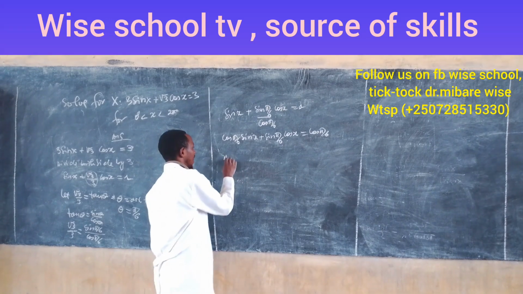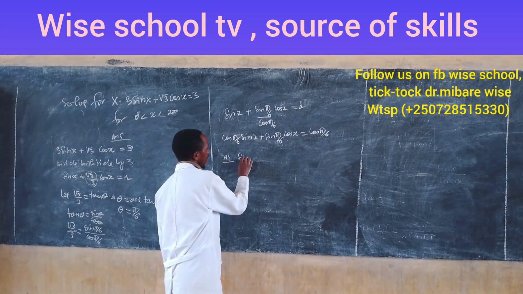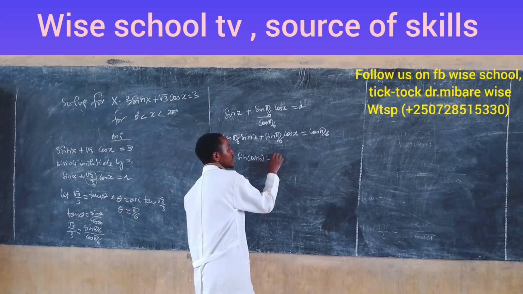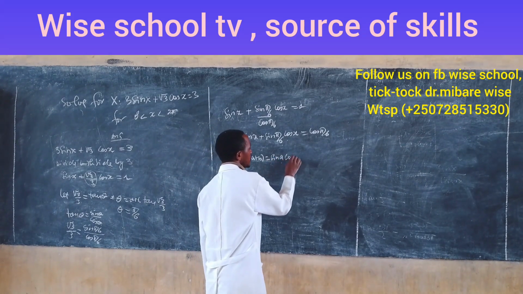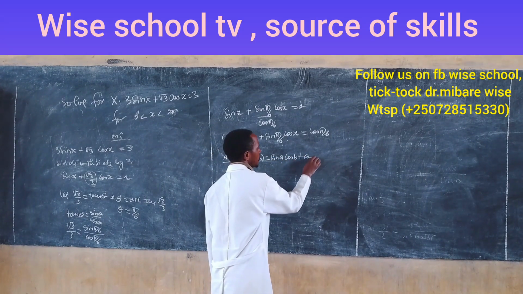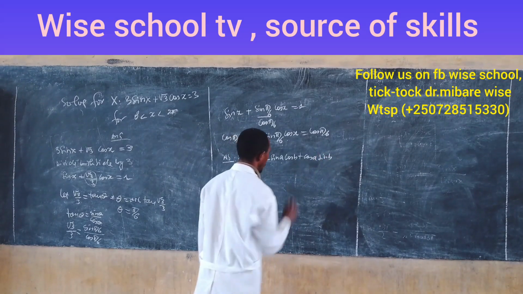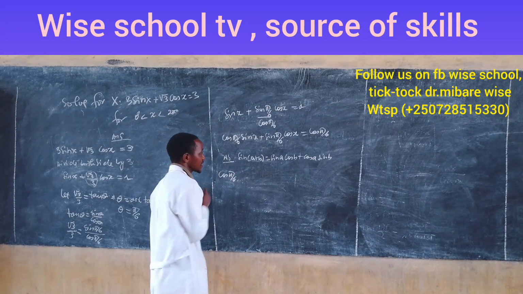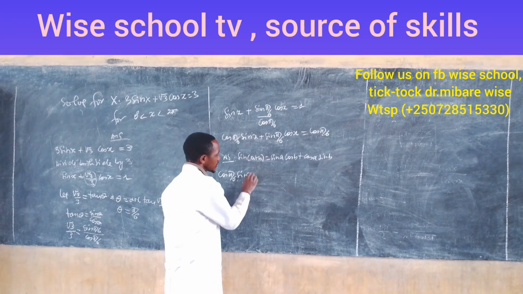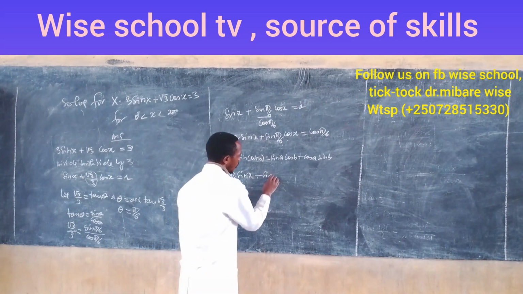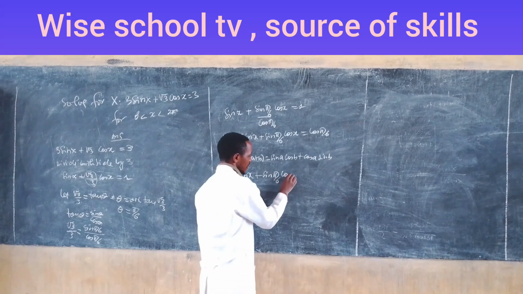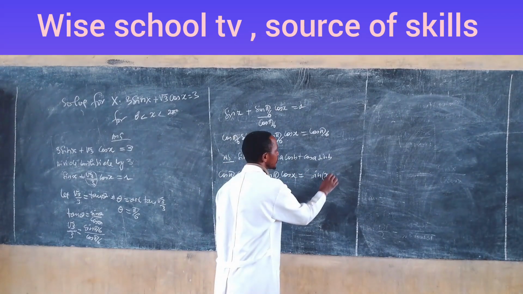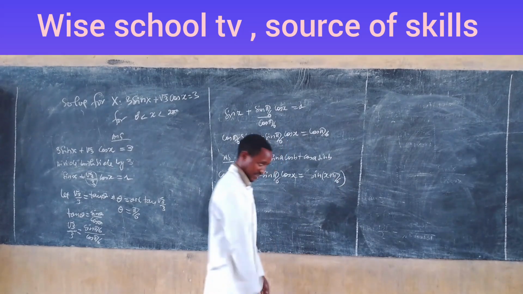So remember that sine of a plus b is equal to sine of a cosine of b plus cosine of a sine of b. So then cosine of pi over 6 sine of x plus sine of pi over 6 cosine of x is the same as what? Sine of x plus pi over 6.